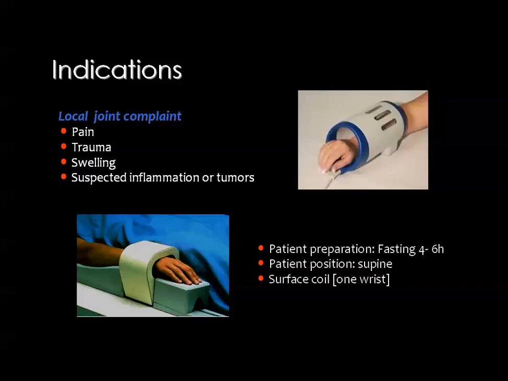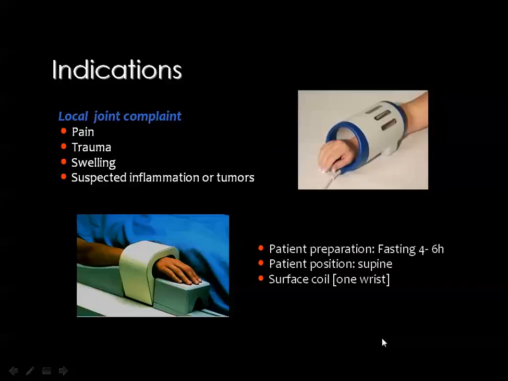Then, in order to examine the wrist joint by MRI, we should use the surface coil. There are dedicated surface coils for evaluation of the wrist. You can put the hand of the patient in supination or pronation, as you can see here.